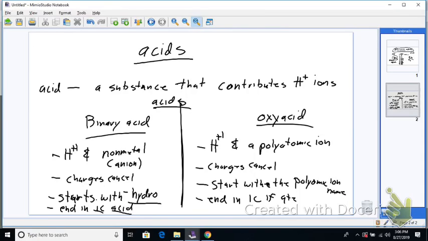If it's an ATE ending, it's going to end in IC. And I'm running out of room, but it will end in OUS if it's an ITE ending.